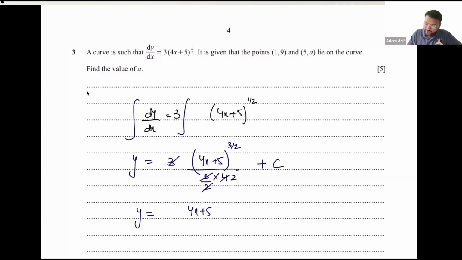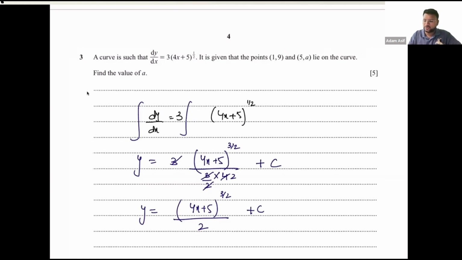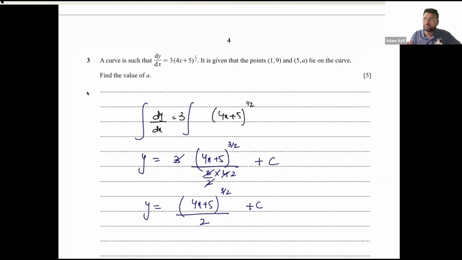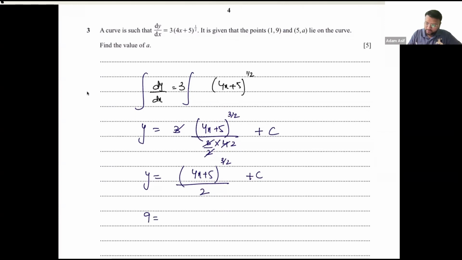So (4x plus 5) to the power of 3 upon 2 divided by 2 plus c. That's the general solution. Now to find the value of c, I must know a point on the curve. I have one complete point. मुझे x coordinate भी पता है, y coordinate भी पता है. So I'm going to plug in y as 9 when x is 1.